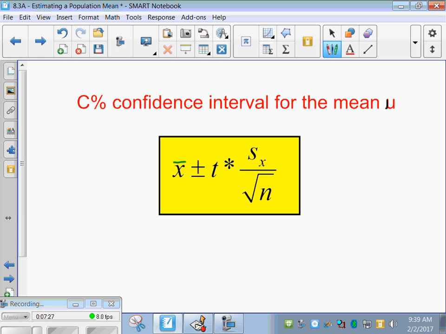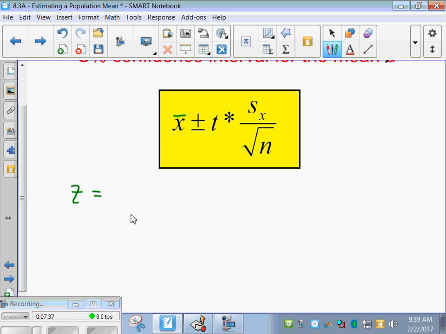All right, and just so you can visualize the formulas, I don't know that you're going to need to know, except for some of the multiple choice tests did this last time. If we're doing a z-score, our general formula for a z-score was the data point minus the mean divided by the standard deviation, right?